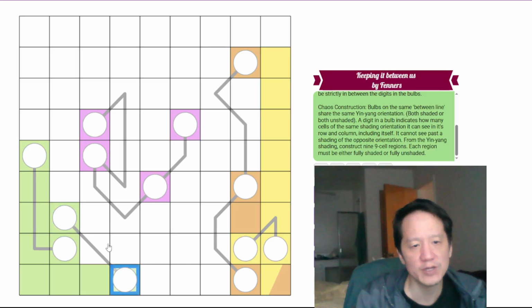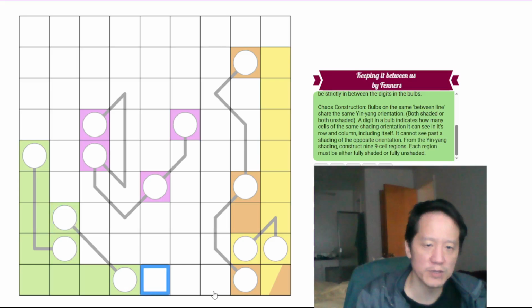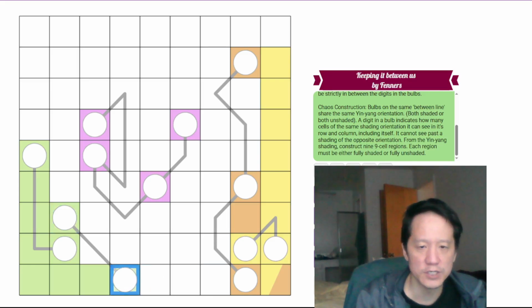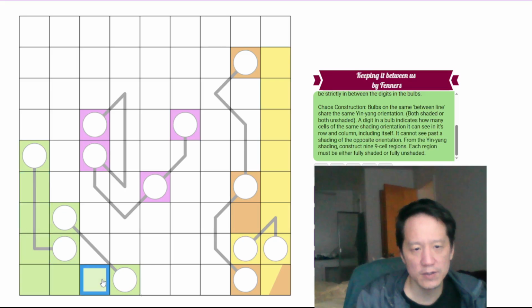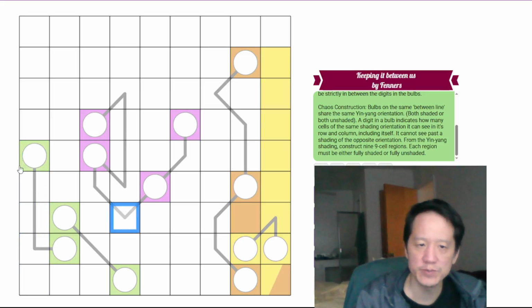So these have to be different shadings here. And since this one is connected this way, and this one's connected this way, this one must be orange. So this is orange. I guess we'll make this green here, right? So the green has to go up to, well, this could be blue here. So we don't know anything about this, but this is green.